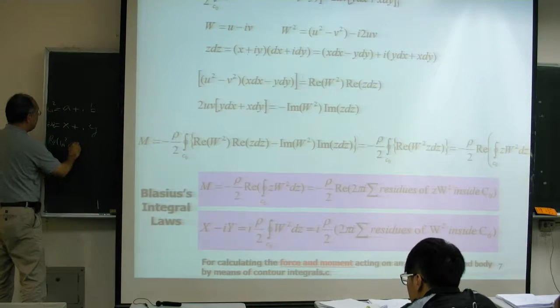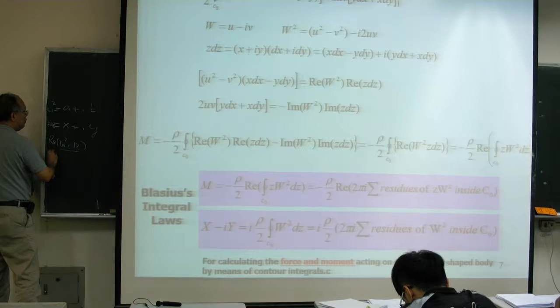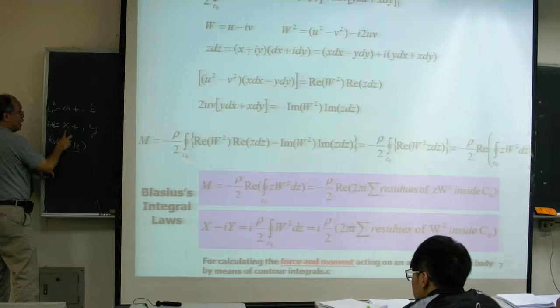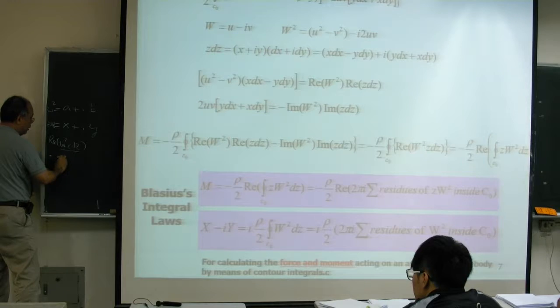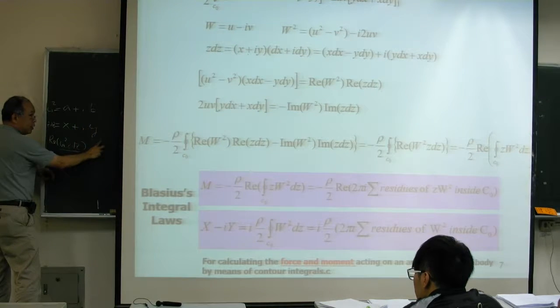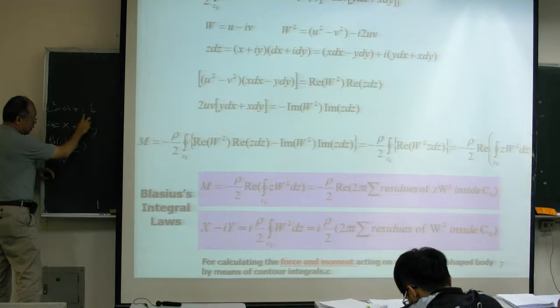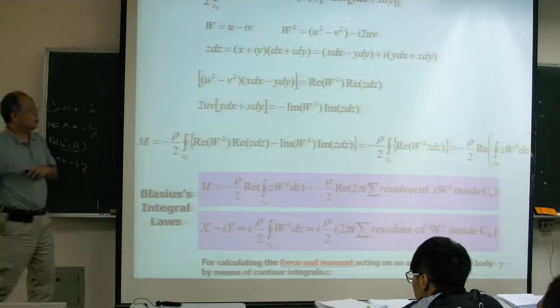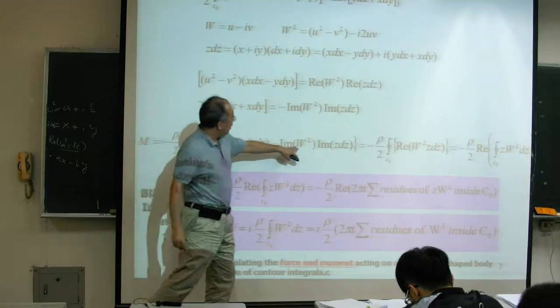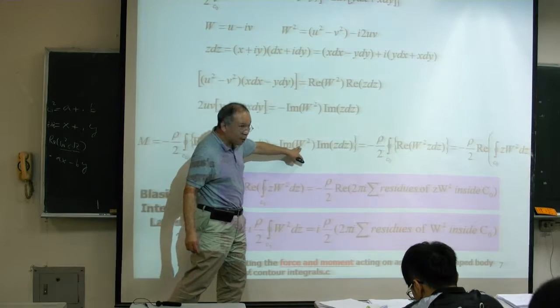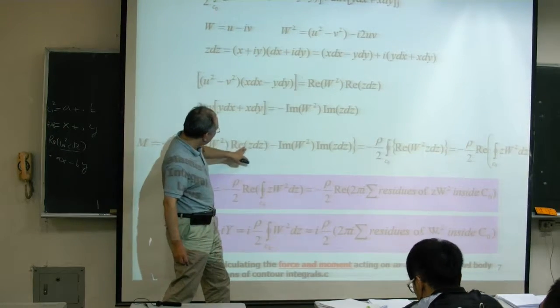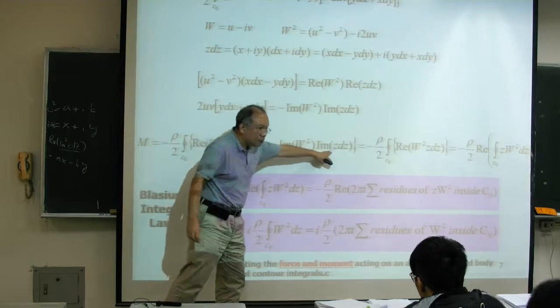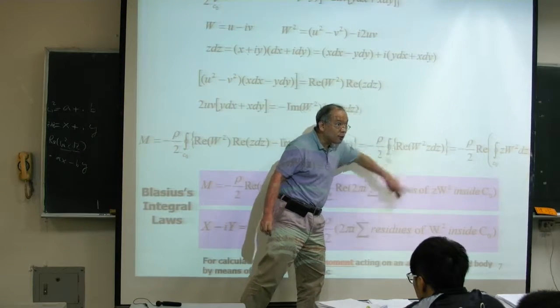Z dz gives you this times this is ax, and this times this gives you minus by, this is the real part. So this one minus this one, right? This is the real part times real part minus imaginary part times imaginary part.